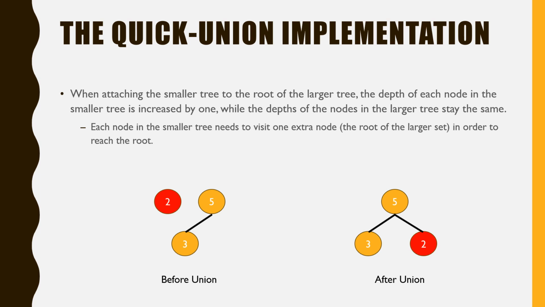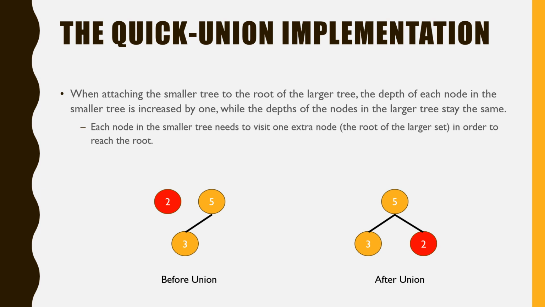For example, consider merging set 2 and set 5 using smart union. Before the merge, element 2 has a depth of 0, meaning it can reach its root node in 0 steps. After the merge, element 2 now has a depth of 1, requiring one additional step to reach the root, element 5.